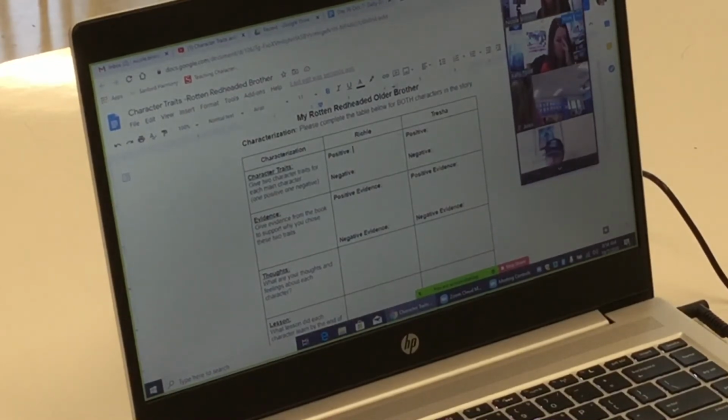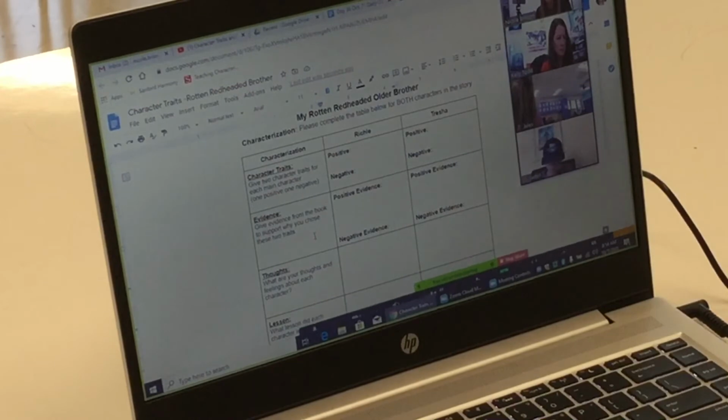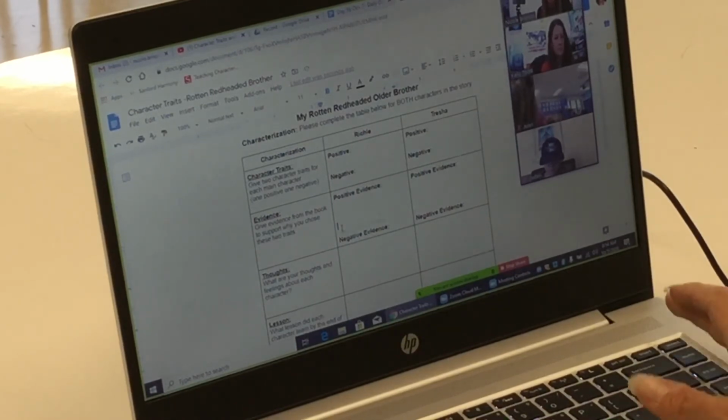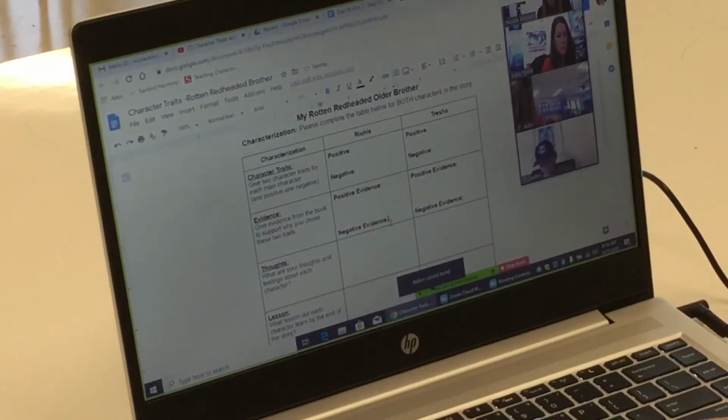All right, next, evidence. Give evidence from the book to support why you chose these traits. So just tell me something that happened in the book as to why you put the positive character trait for Richie or the negative character trait for Richie. And then same with Trisha, okay?